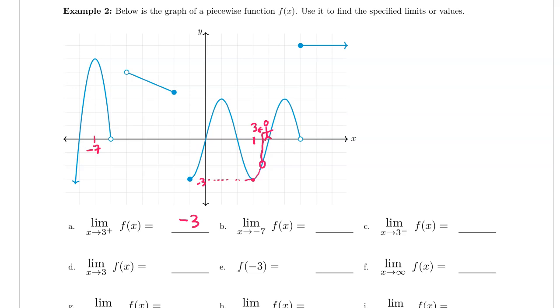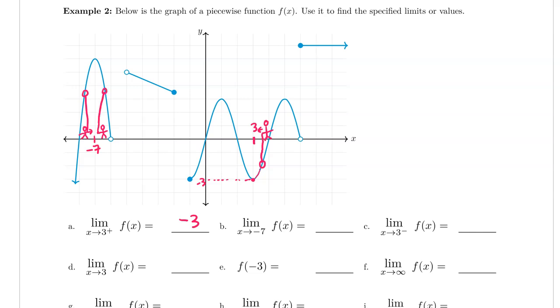In part B, we are calculating the limit as x approaches -7 of our function. So notice that there's no superscript. This is what I typically call an overall limit, which means that we're approaching -7 from both sides. So this person's getting closer here. This person is getting closer on this side.